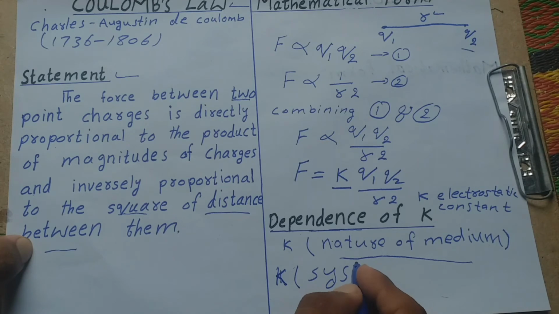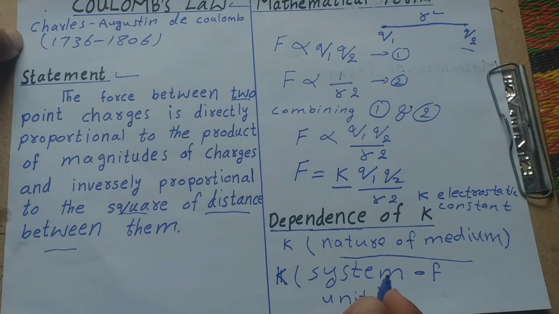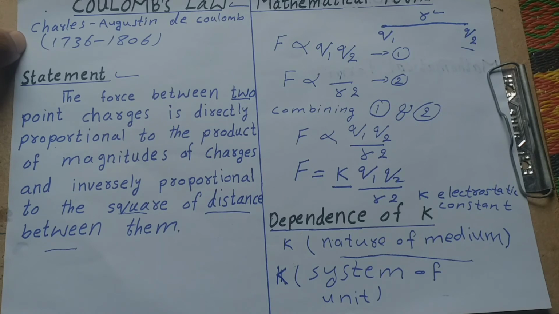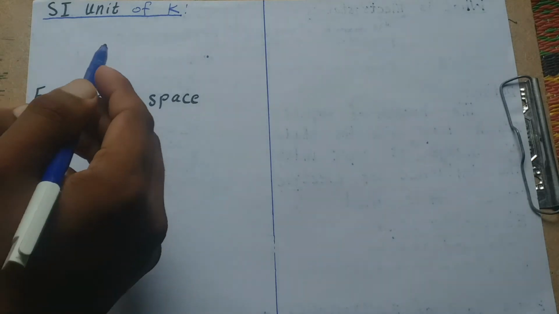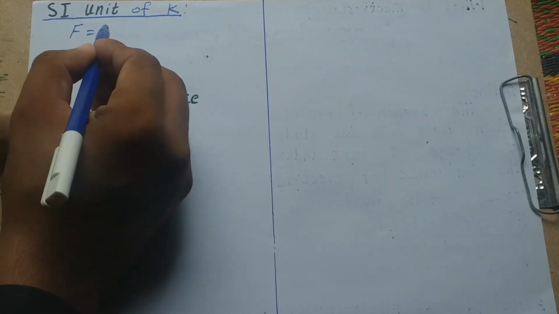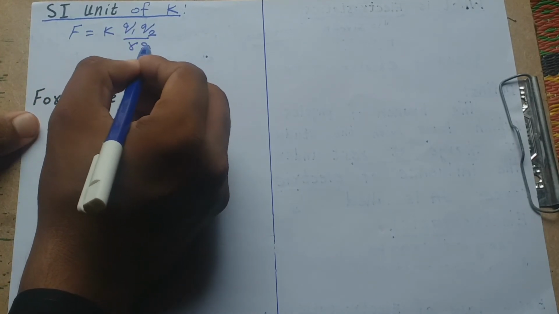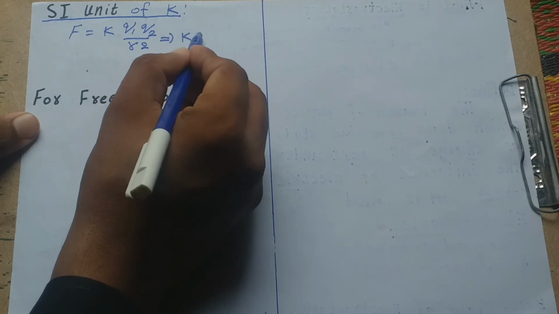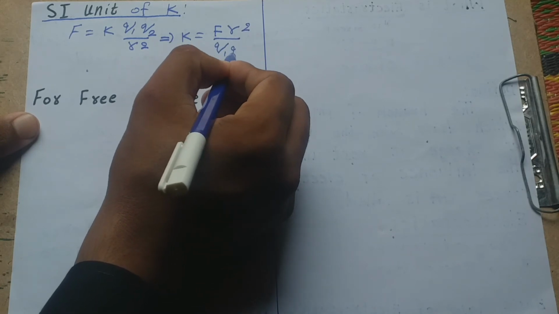That is called the dependence of K. It depends on the nature of the medium and the system of units. SI unit of K: we know that F is equal to K Q1 Q2 over R squared, so K is equal to F R squared over Q1 Q2.